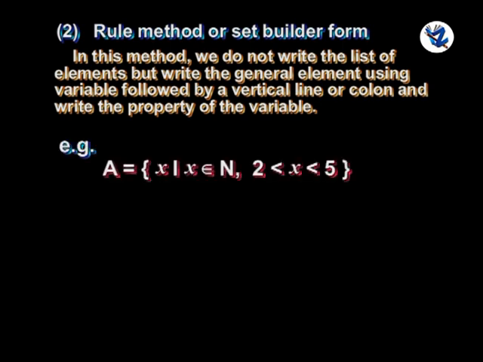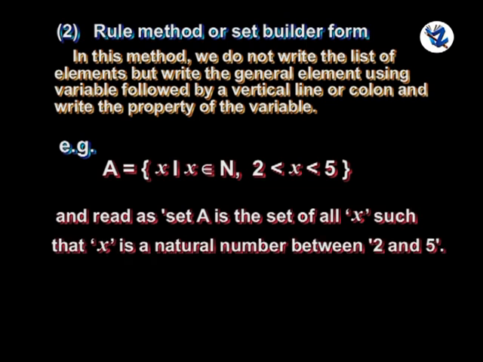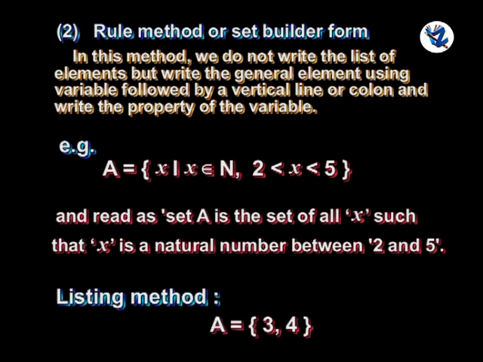For example, A is equal to {x such that x belongs to N and 2 < x < 5} and is read as set A is the set of all x such that x is a natural number between 2 and 5. So, in listing method, this can be written as A is equal to {3, 4}.